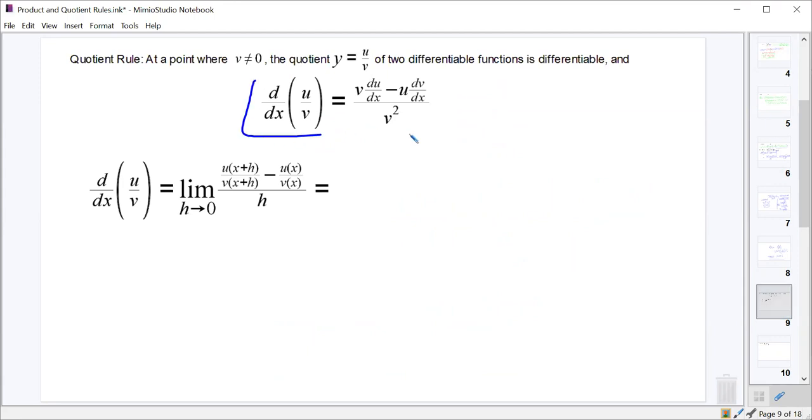Here it is. This is the rule that you're going to memorize. It's called the quotient rule, but we'll real quickly derive it also down below. So the derivative of the quotient of two functions is the denominator times the derivative of the numerator minus the numerator times the derivative of the denominator, all over the denominator squared.